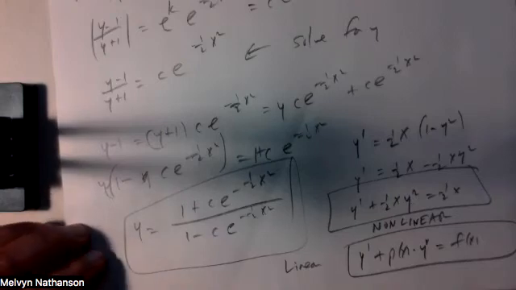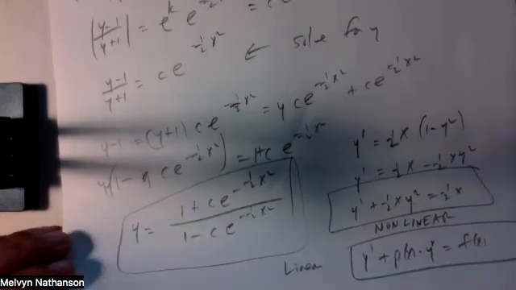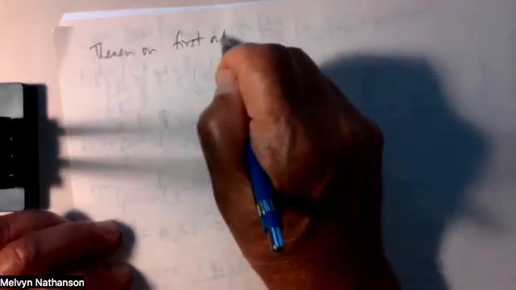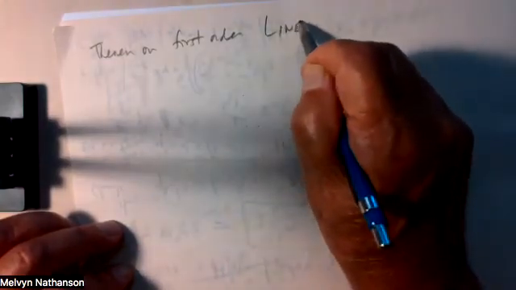The behavior of nonlinear equations is very different, and in general much more difficult than for linear equations, even when they're separable. So just recall for a second the basic theorem on first order linear differential equations.